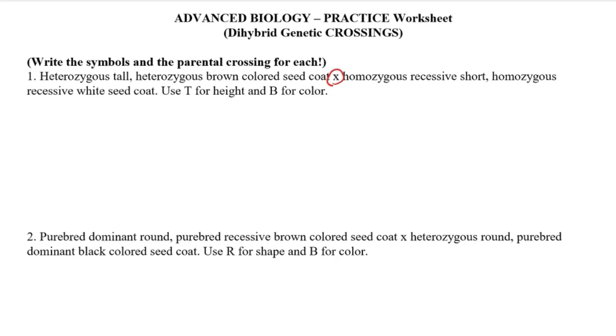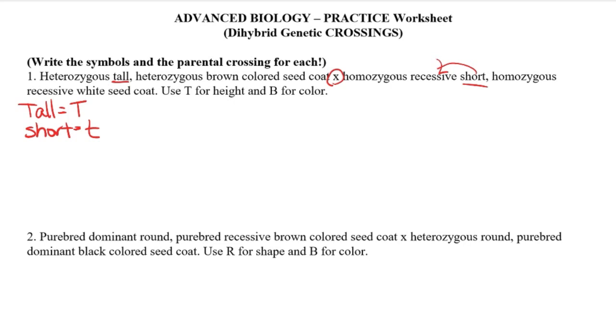Okay, so let's start with height. So I've got tall and I've got short. And I can see here I've got heterozygous tall, but here's my clue. I have heterozygous short. So short is my recessive, lowercase, and tall is capital.